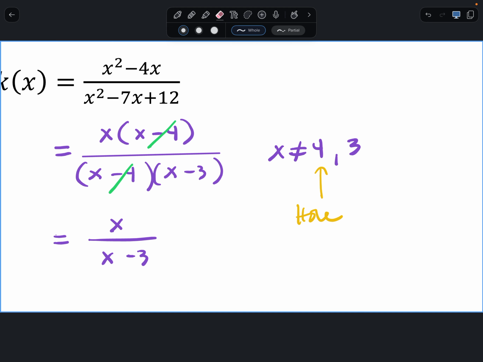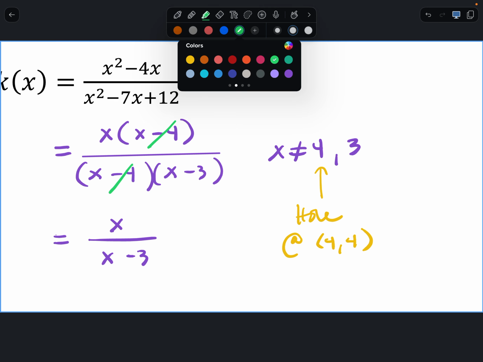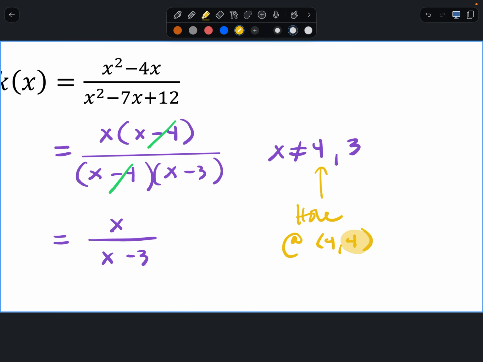That means that we would want there to be a point at 4, 4, but we know better, and we know that the function is actually undefined at 4. So we can say that there is a hole at 4, comma 4. And again, that 4 comes from plugging in here.